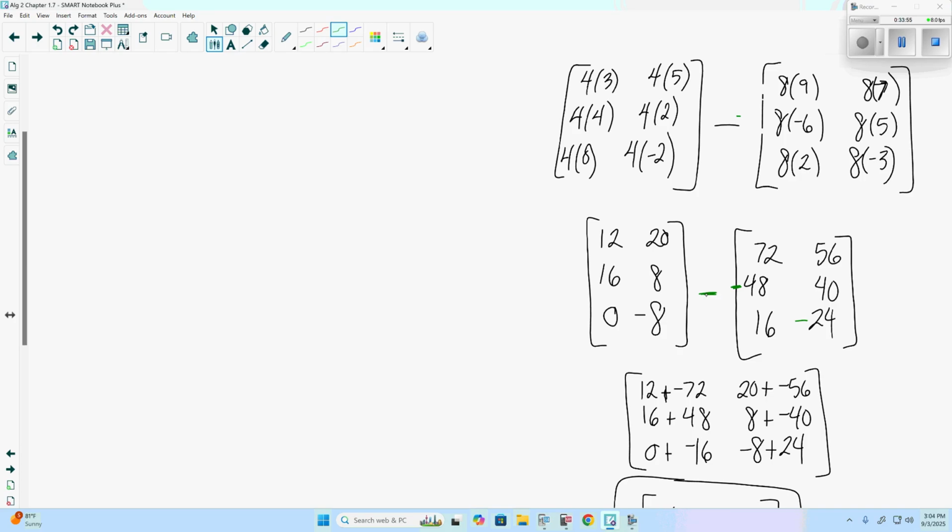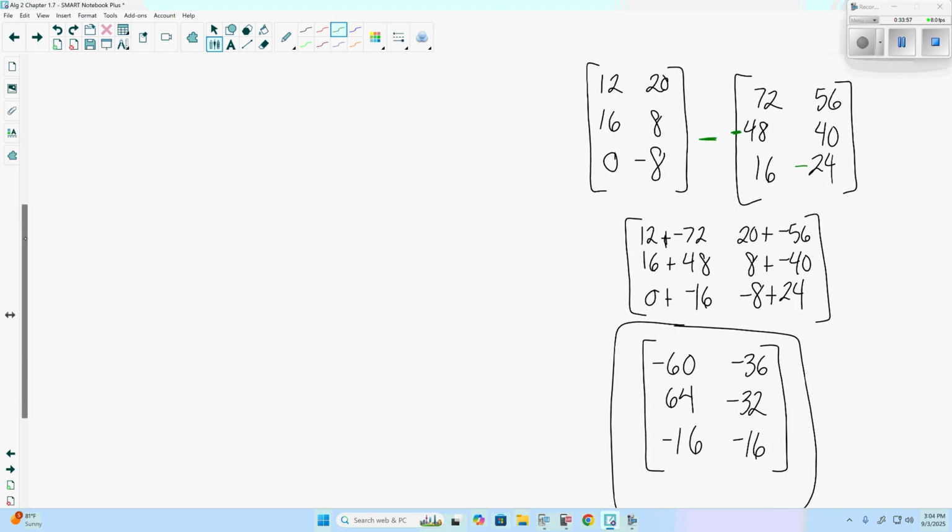And again, we're going to be subtracting, yes? So what do we have now? 12 minus 72. Is that the same as 12 plus -72? Yes. 20 minus 56 plus a negative. Well, that's the same as just saying minus. 16 minus -48. So we'd start off with that minus a negative.